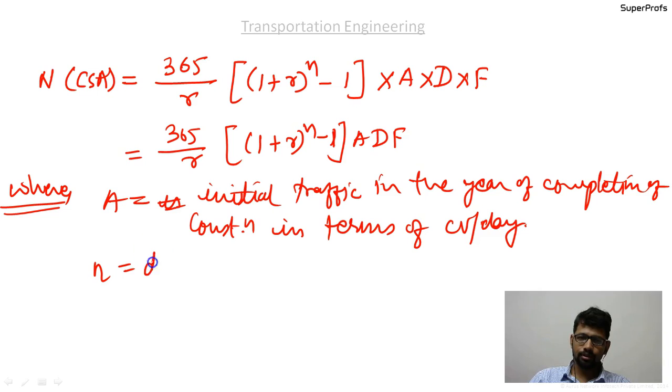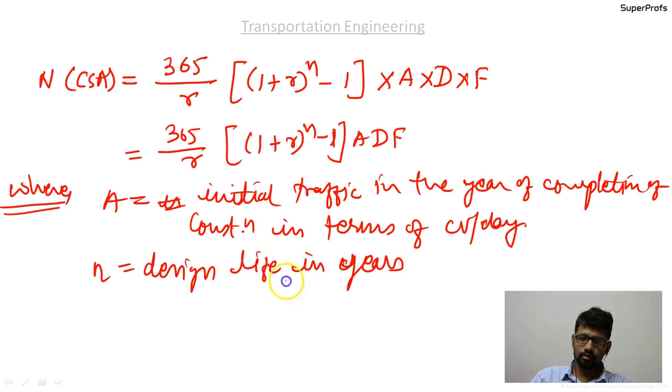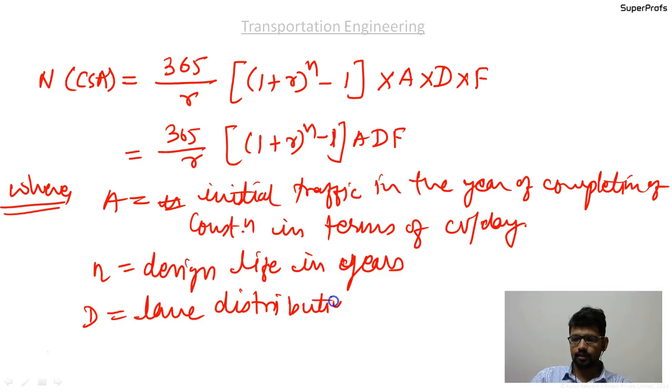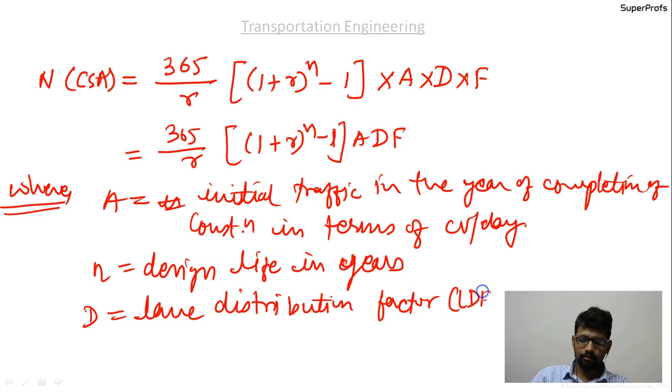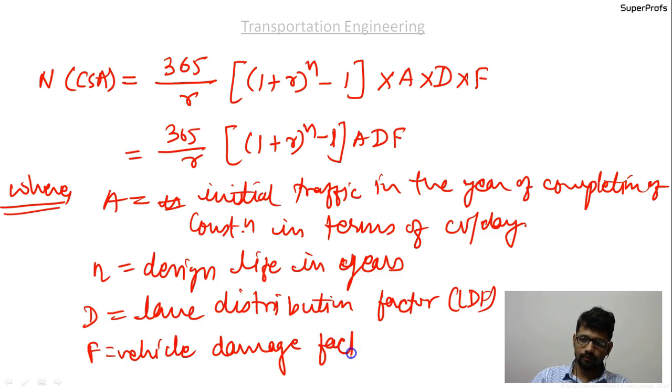N is the design life in years. D is the lane distribution factor, that is LDF, and F is the vehicle damage factor, that is VDF.